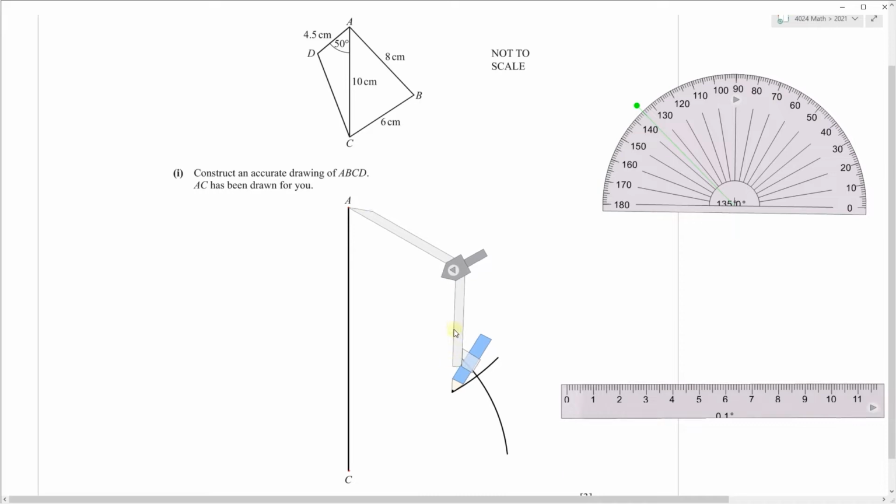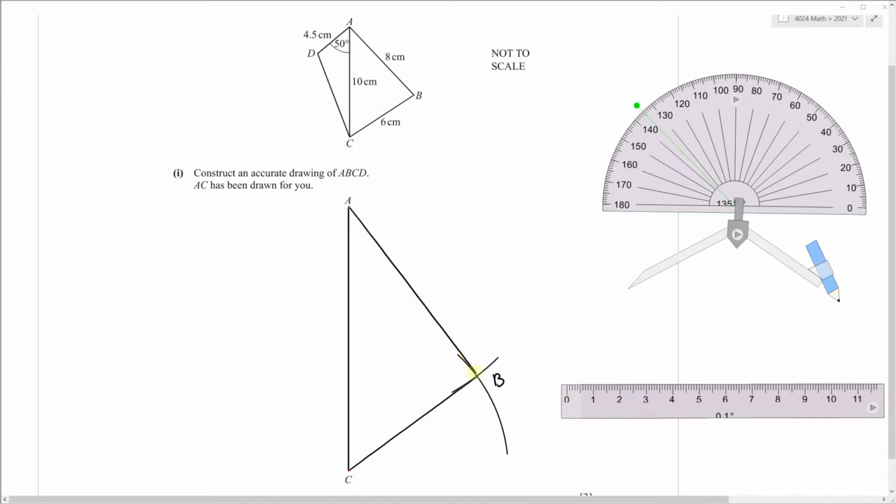So the intersection of these two arcs will give you your point B here. So this here is point B. I can join them with a straight line with C, like this, and then similarly with A as well, like this.